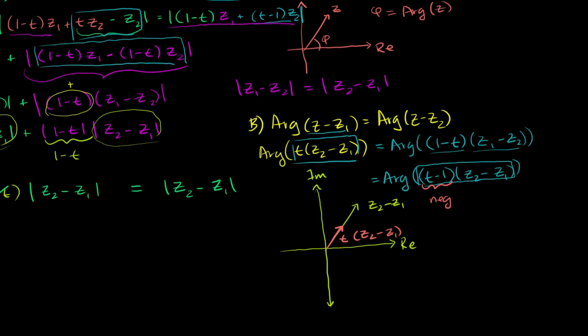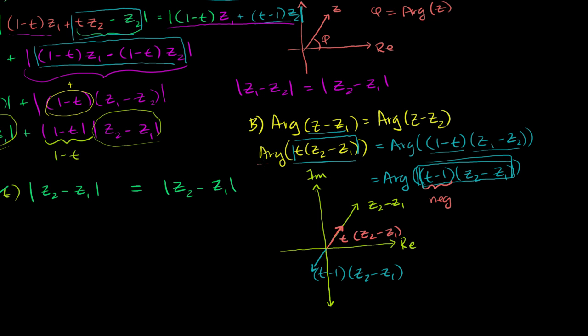So t minus 1 times z2 minus z1 is going to look like this. Now the arguments are just the angles between each of these numbers and the real axis.